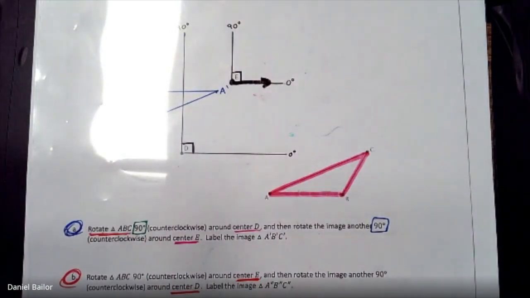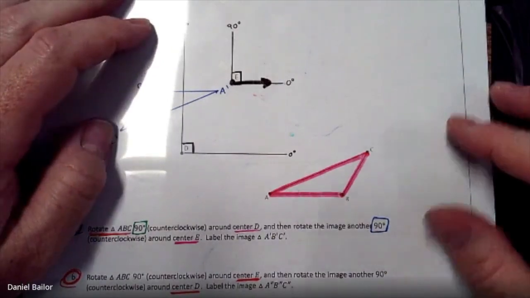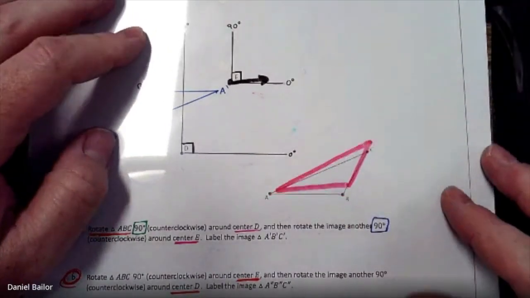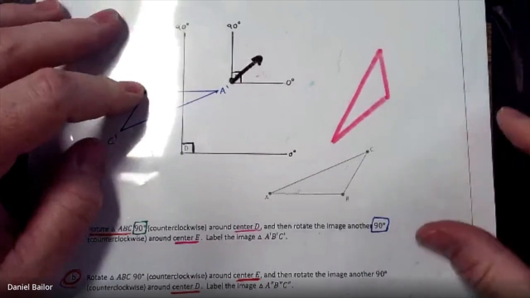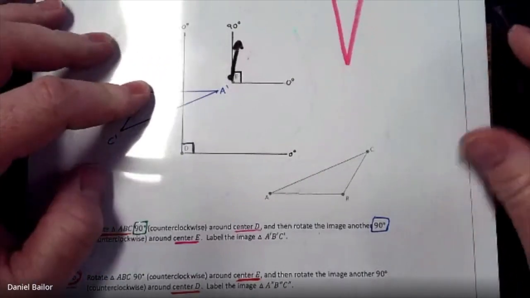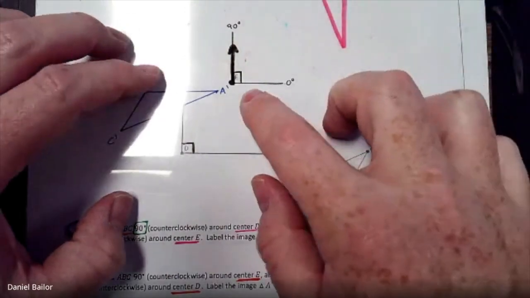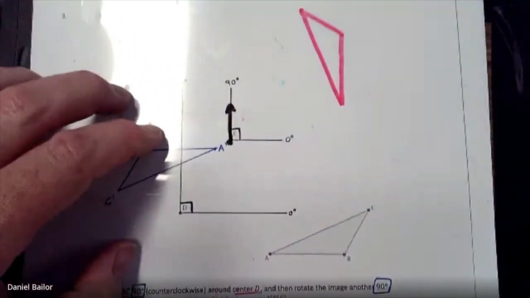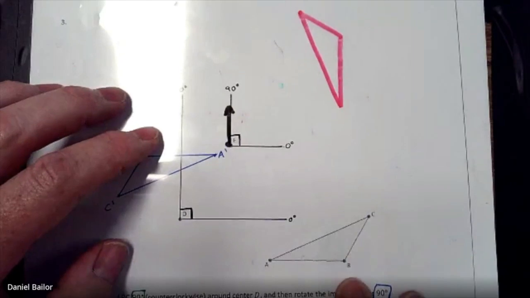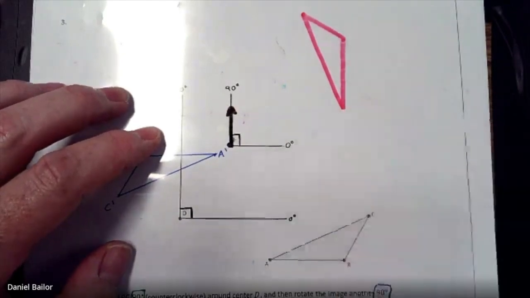And I'm going to rotate until my arrow points at 90 because it told me 90 degrees. So here we go. Rotate all the way, and when your arrow points to 90, the rotation is done. So I did the first step right there. The arrow points to 90, so that's where I stop.